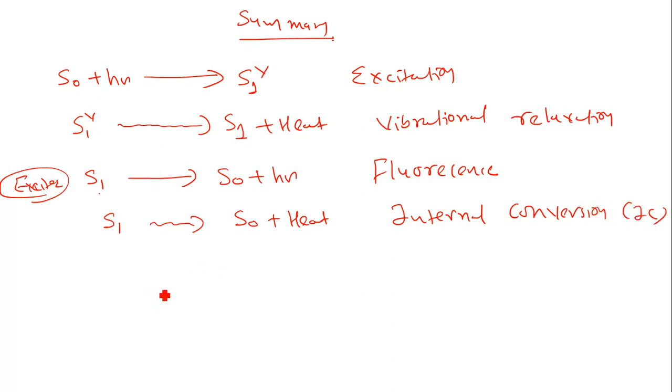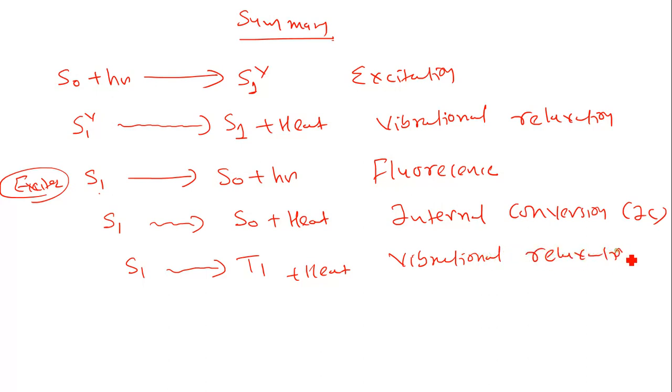Now when this S1 falls back to the triplet state by a loss of heat, that is via vibrational relaxation. But when this triplet state falls back to the S0 state, that is the ground state, by a loss of heat, that is known as intersystem crossing.